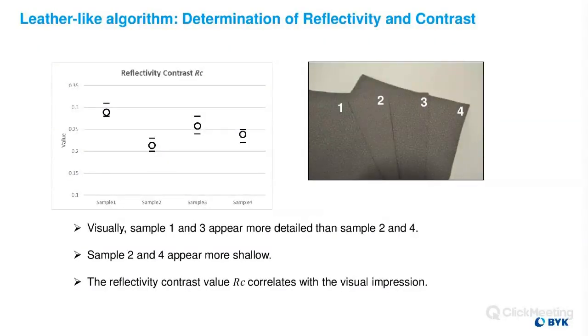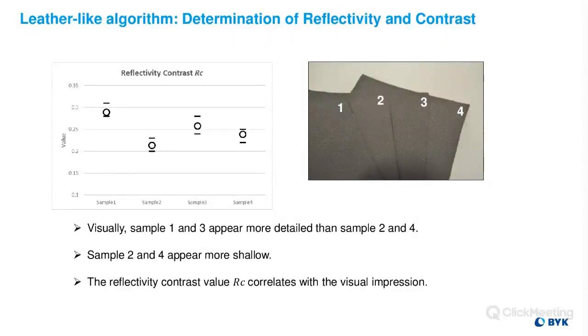If we look at the picture of the samples here on the top right, we can see that samples 1 and 3 appear to have the most texture. They appear to have the most depth, we would say. Sample 4 looks like it has a little bit less, and to me, sample 2 appears to be the most shallow. And if we look at the RC numbers, the reflectivity contrast, we see that this data correlates pretty well with that visual perception.